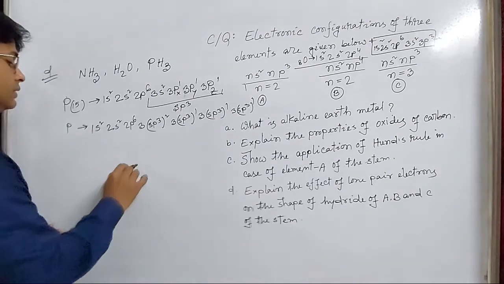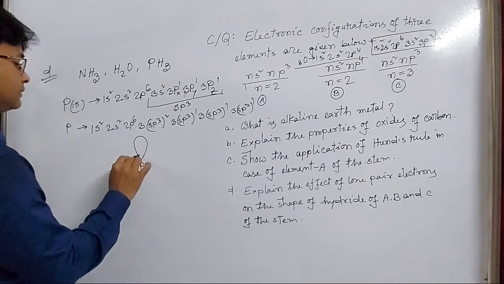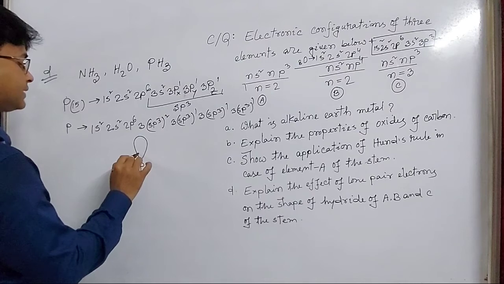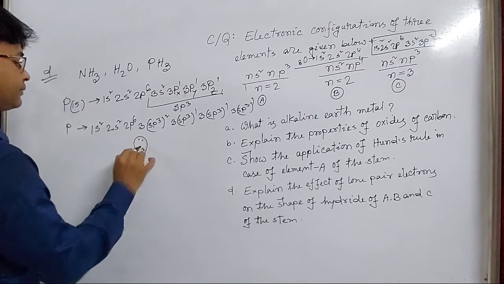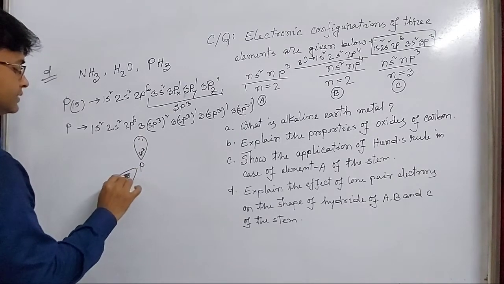So if I draw the orbital figure of phosphorus, it will be like this.